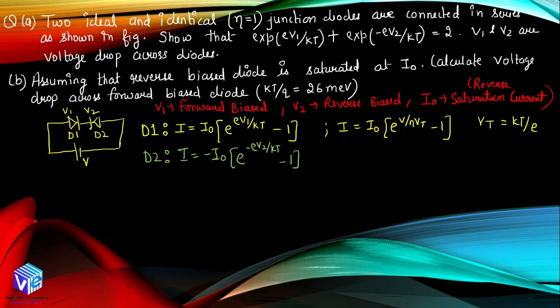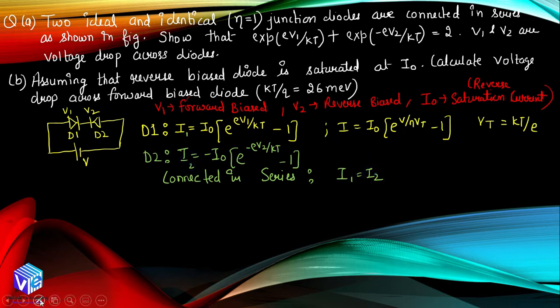Now the same current is flowing because these two diodes are connected in series. You might get confused in this, so keep in mind that because the diodes are connected in series, I am considering the current due to diode D1 and the current due to diode D2 to be equal, I1 is equal to I2.